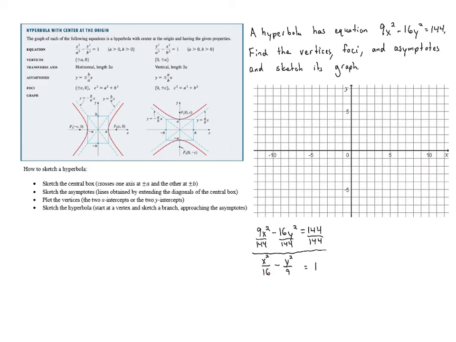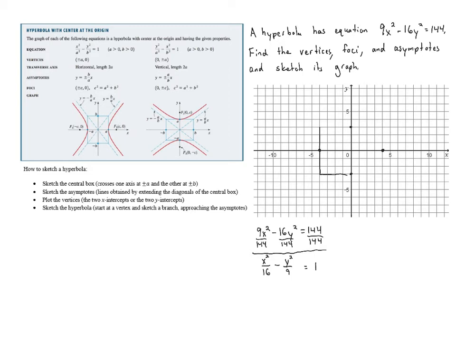So in this case, a squared is 16, which means that our intercepts are going to be plus or minus 4, square root of 16. And then b squared is 9, so that means b is 3. So these aren't going to be intercepts, but we are going to plot points at plus or minus 3 on the y-axis because those will help us draw our central box.